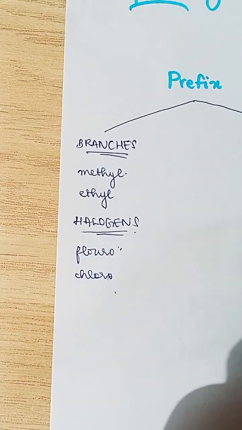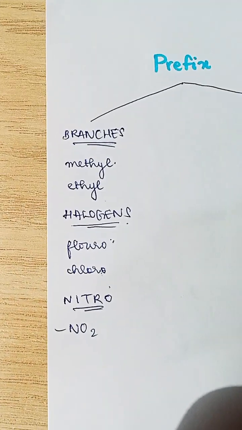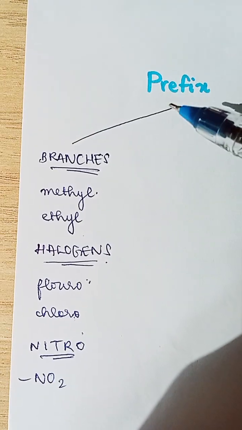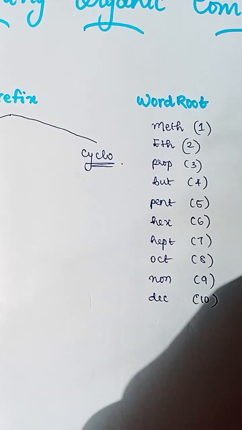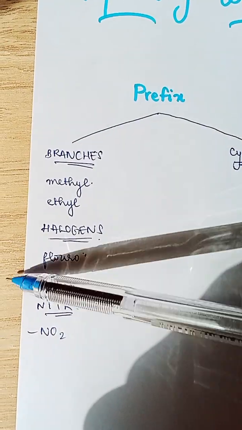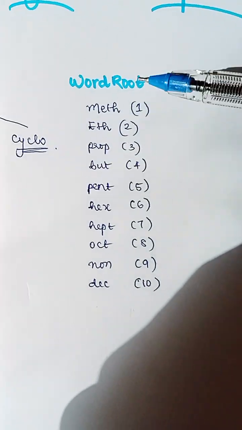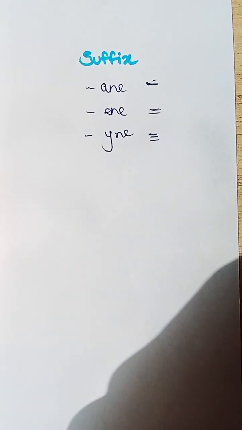Then at last nitro, which is NO2. So branches, halogens and nitro are the first part of the prefixes, and then we have cyclo. So when you form a word, if these are included, you should write these first. Then comes cyclo, then comes all the word roots, and then the suffixes.